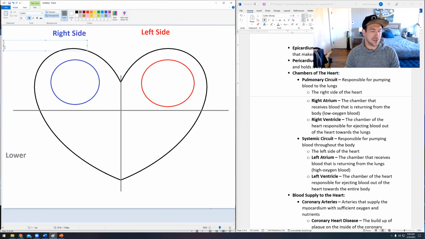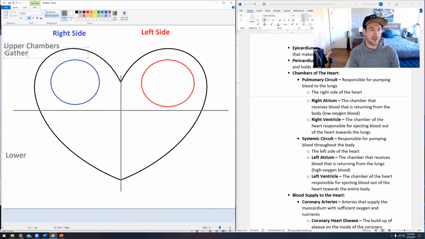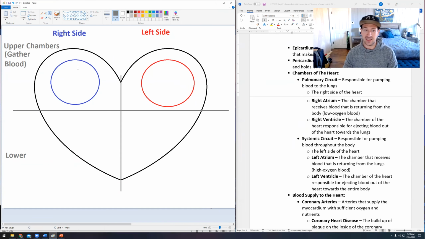These upper chambers are responsible for gathering blood. That's their main job. Now, the right side is gathering deoxygenated blood, and the left side is gathering oxygenated blood.